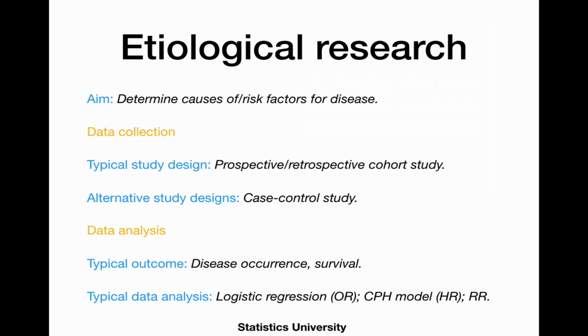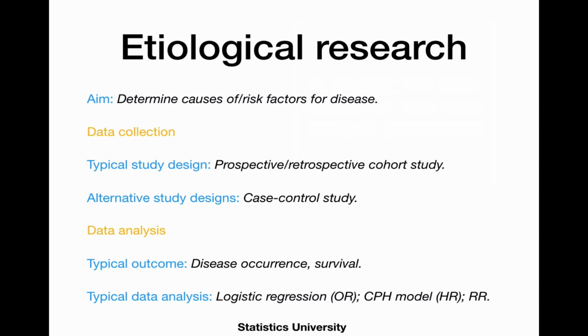So the aim of etiological research is to determine causes of disease or risk factors. And in the data collection, a typical study design is either a prospective or retrospective cohort study, but some studies use a case control study as an alternative study design.